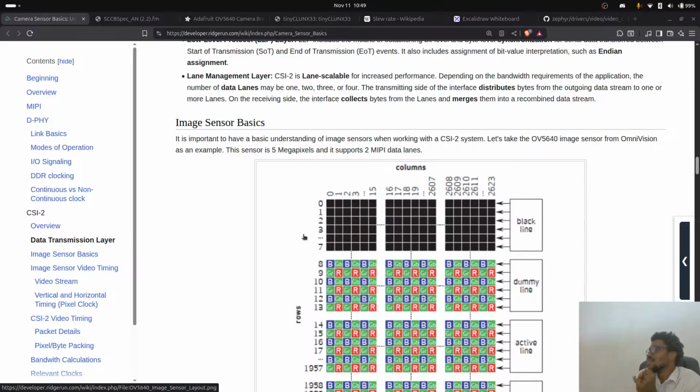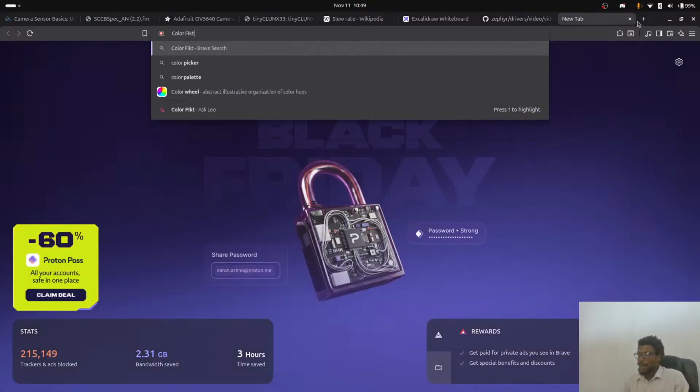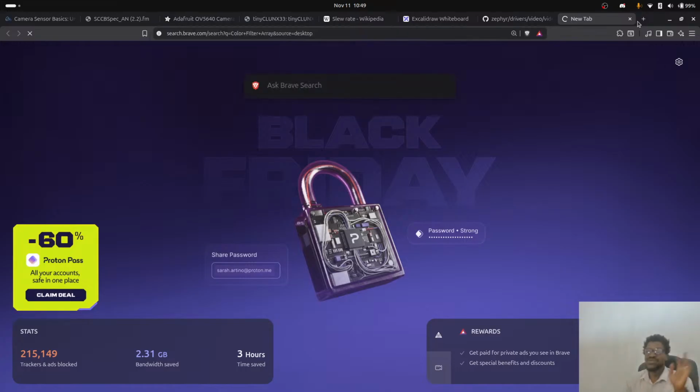So now we want to think about how image sensors work. So you have a camera like that. How does the camera actually work? Usually they have something called a color filter array. A color filter array is basically an arrangement of ADCs with certain filters.